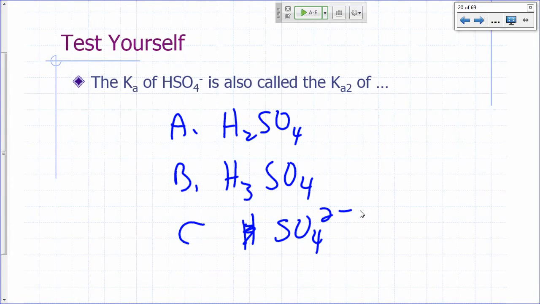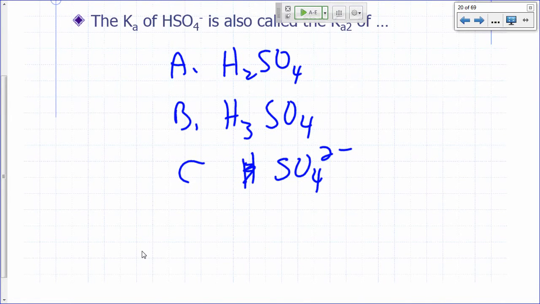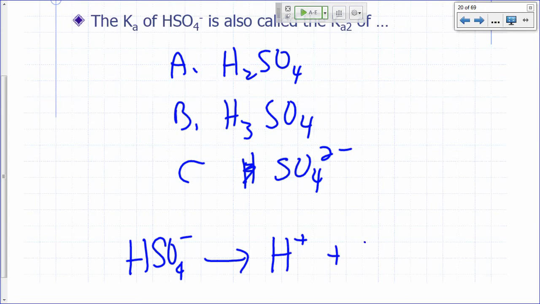Let's go over this again. Ka2 of what? What's Ka of HSO4-? Ka means it's donating a proton to water, right? So I can abbreviate that and just say HSO4- gives you H+ plus sulfate. This is step 2. What was step 1?